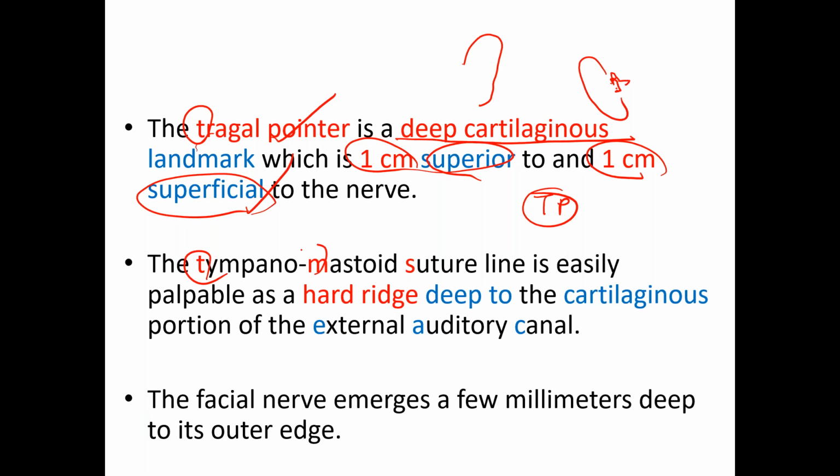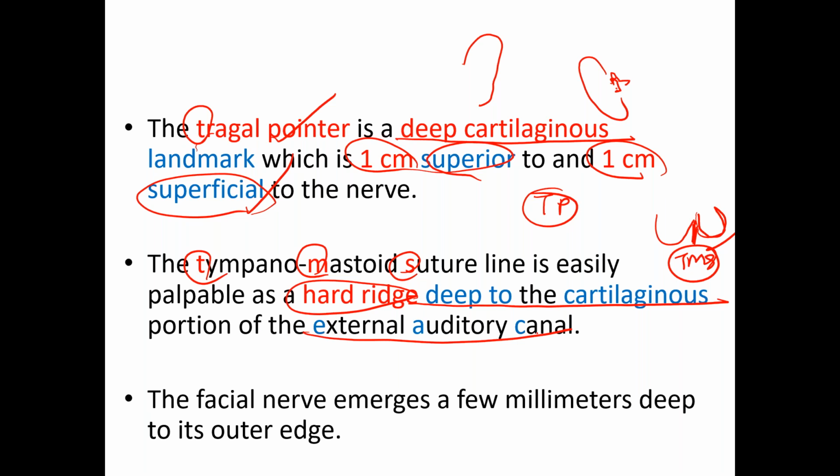Next is the tympanomastoid suture. If this is the mastoid bone and this is the tympanic plate, the tympanic bone, the tympanomastoid suture will be here. It is a hard ridge deep to the cartilaginous portion of the external auditory canal. Once you elevate the pinna, lifting it up like this, after dissection you can find this tympanomastoid suture.